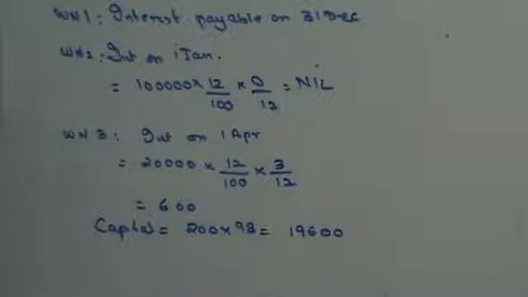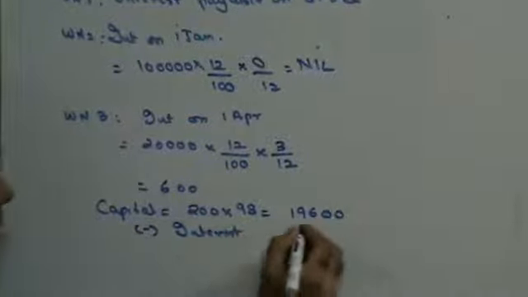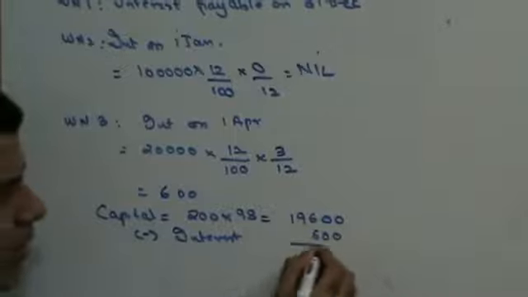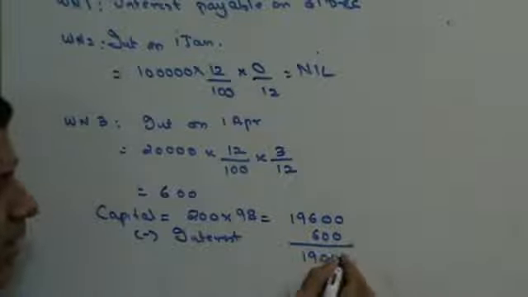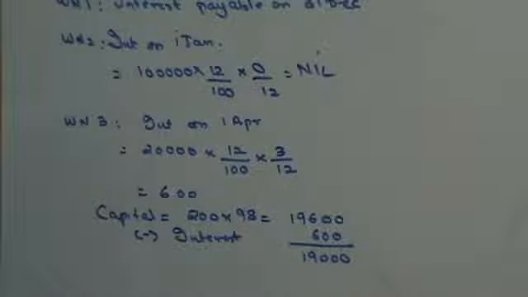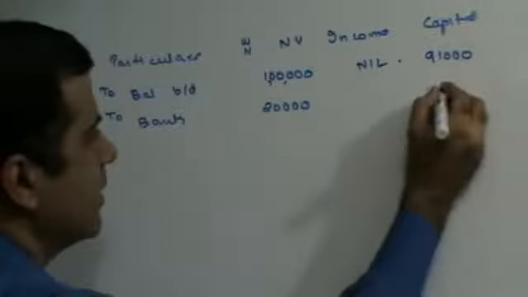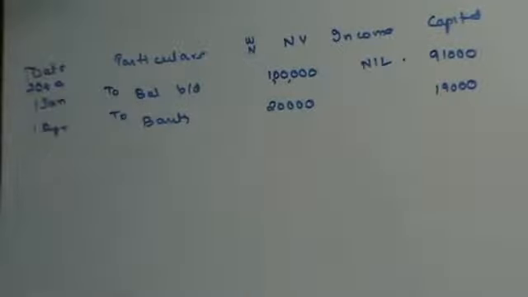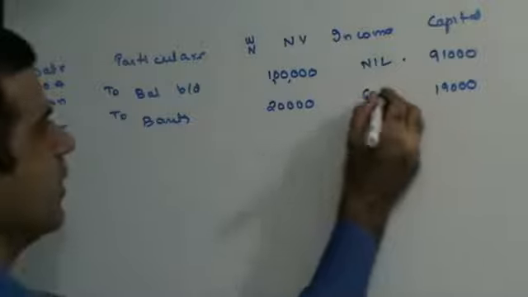Right? Now since it is cum interest, cum means less. When they say cum interest, you less the interest. Interest 600, that means you have purchased at 19,000. Fine, do you get this thing here?